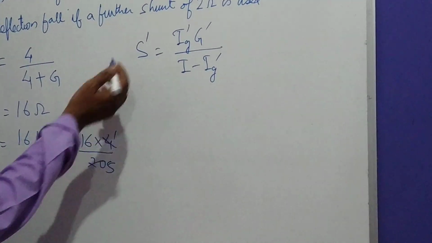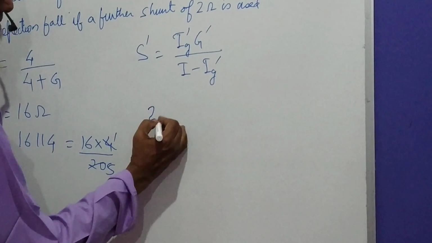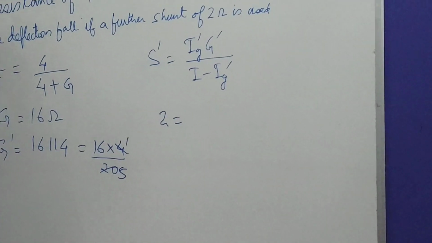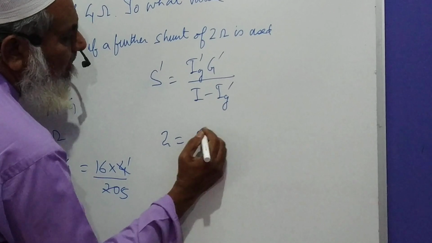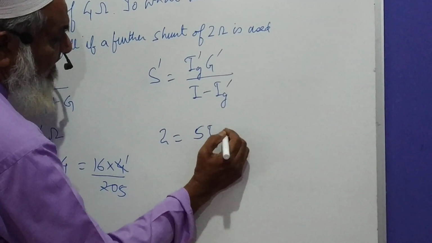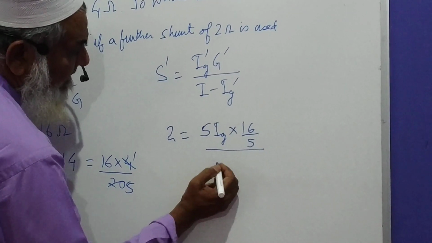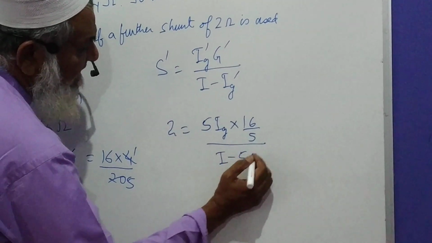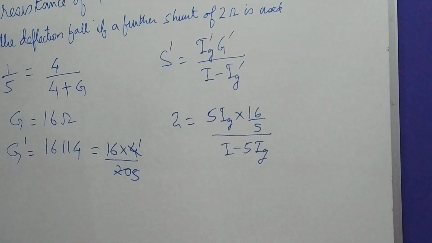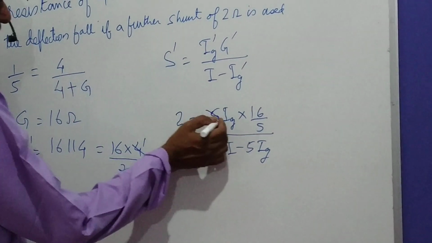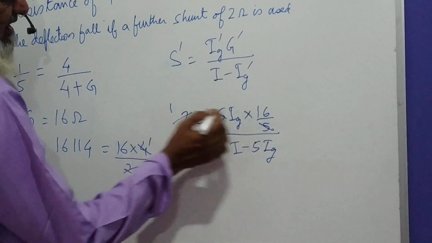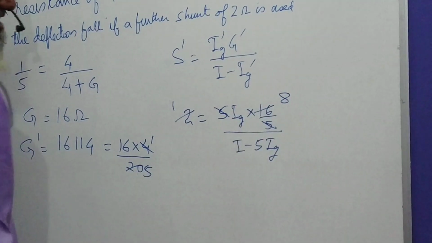So S dash for the second shunt is 2 ohm. Ig dash will be 1/5, so 5 times Ig for I. G dash I have calculated as 16 upon 5, divided by I minus 5 Ig. So this 5 and 5 should get cancelled, and 2 eights are 16.